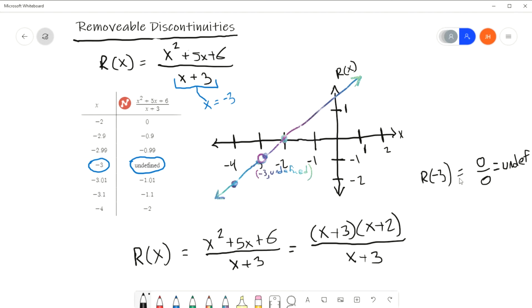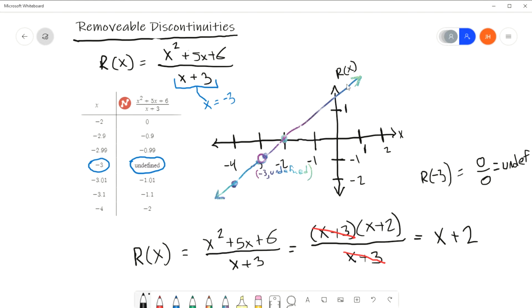However, what we can observe here, y'all, is that the factor of x plus 3 on the top of this function and the factor of x plus 3 on the bottom of this function are essentially canceling each other out. And what's happening is that as a result, this function is equal to x plus 2.